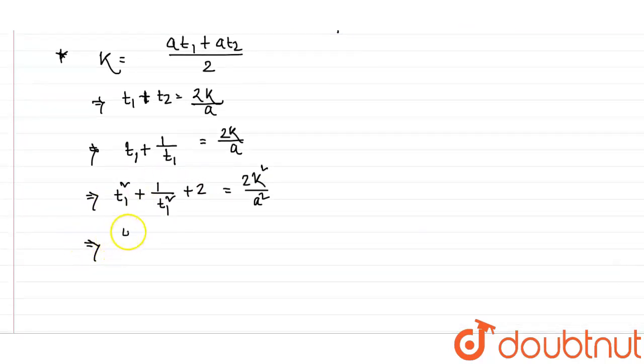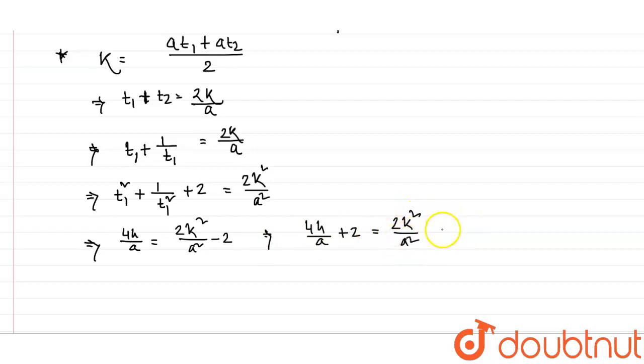So 4h by a is equal to 2k square by a square minus 2. Simplifying, 4h by a plus 2 is equal to 2k square by a square.